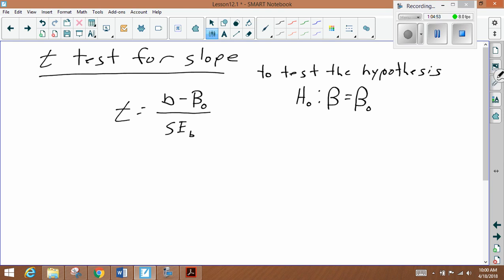So we'll find our p-value using degrees of freedom equal to n minus 2. These can be one-tailed or two-tailed.